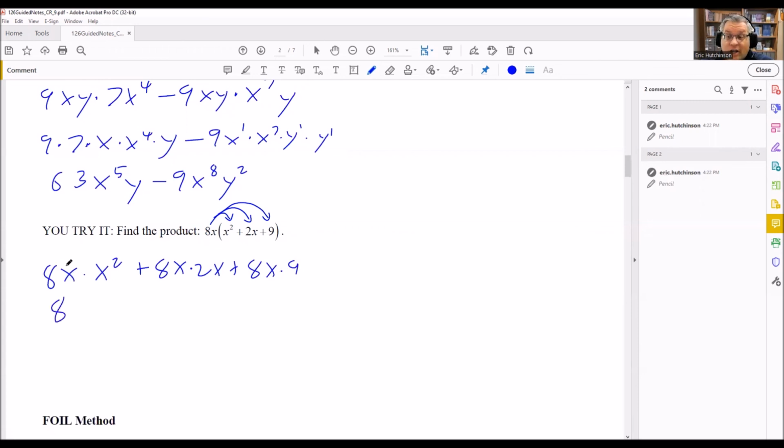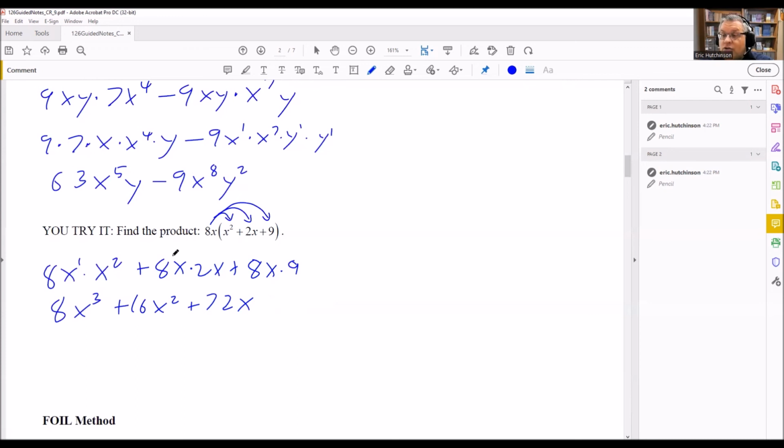Now we're going to add this together. 1 and 2 gives you x to the 3rd. 8 and 2 is 16, so we have 16x squared because you've got the 2 x's there. On the end, you have 8 times 9, which is 72. So that would be a 72x for that one.